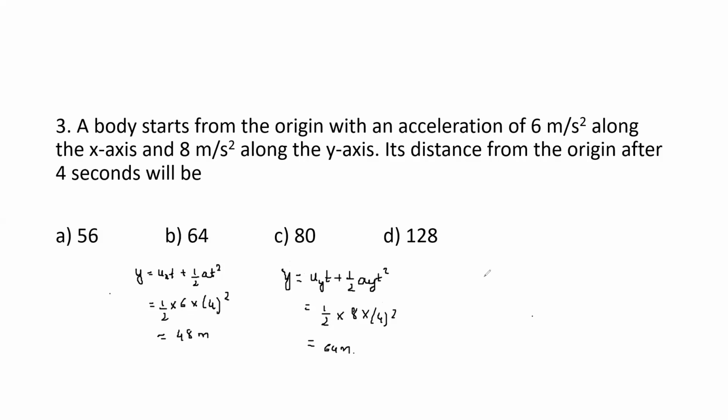Therefore, the total distance traveled from the origin is given by the square root of x square plus y square. The x value is 48 whole square plus the y value is 64 whole square. 48 whole square plus 64 whole square is nothing but 80 meters, right?